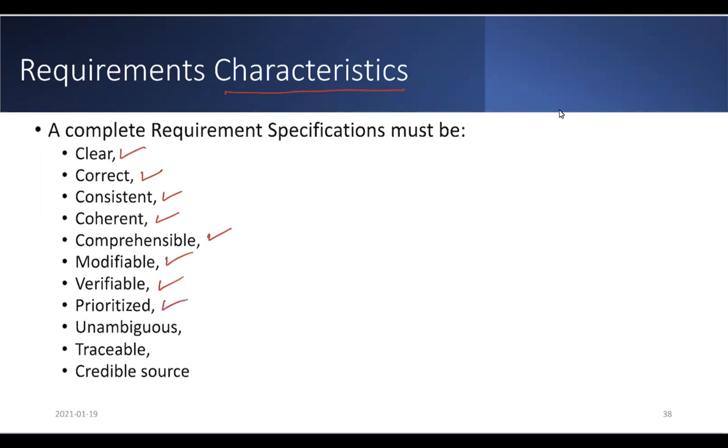Requirements could be prioritized based on the application. We'd like to guarantee that there is no ambiguity in the requirements and that the requirements can be easily traced. Most importantly, we would like to collect requirements from a credible source. We don't want to go to any unknown websites. If you would like to develop a system and there is an existing similar system, but it is not trustable, then the requirements collected from those untrustable systems we don't consider a credible source.